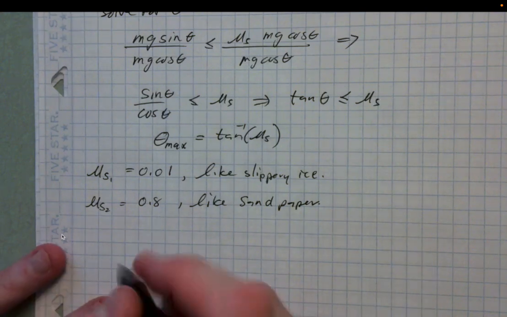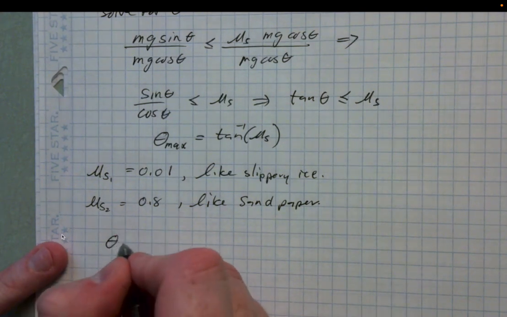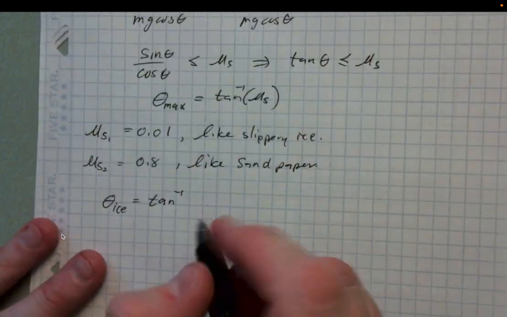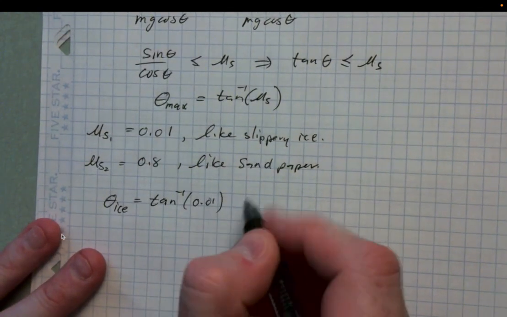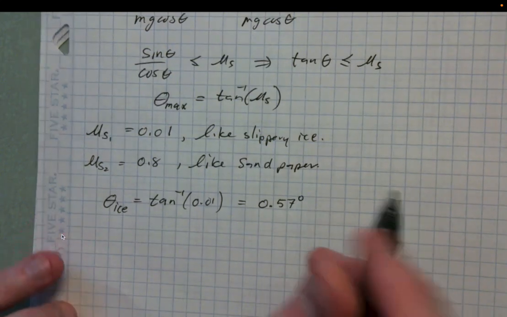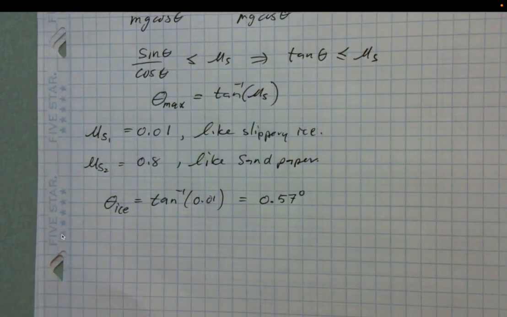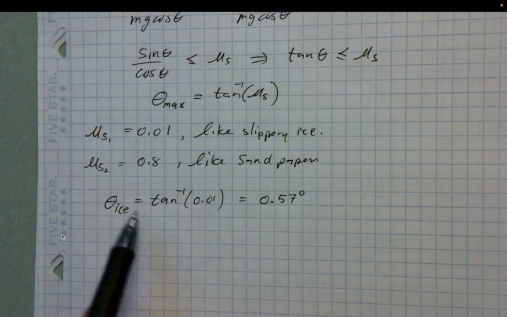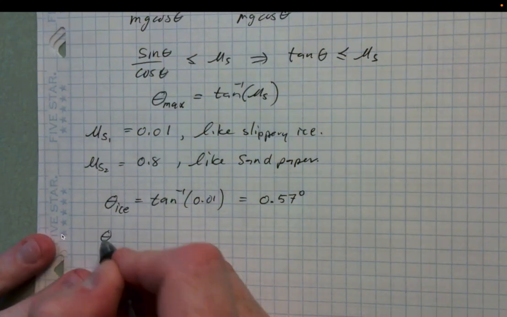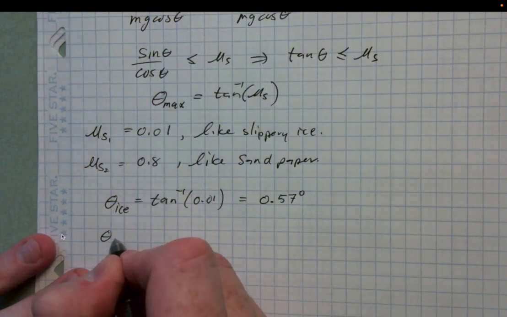Theta of ice is equal to the inverse tangent of 0.01, which gives 0.57 degrees. So about half of one degree is all that this scenario can support if we're dealing with something really slippery like ice. What about theta of sandpaper?